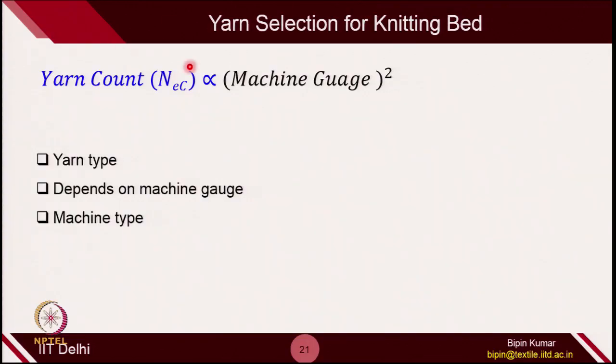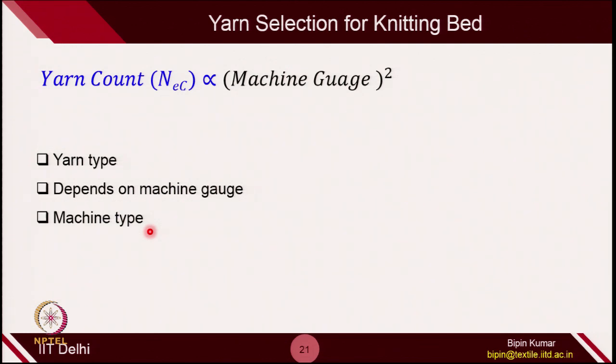Selecting yarn count for a particular machine gauge depends on the yarn type, the machine gauge, and the machine we are using, whether it is a single jersey or double jersey machine, a circular machine, or a rib machine.